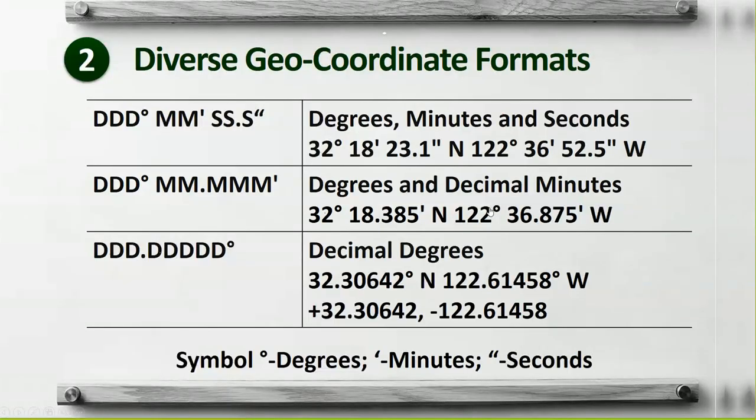All right. Like I was saying the other time, we have diverse geo-coordinate formats. Some of them come in form of degrees, minutes, and seconds. If you look at your screen, you will see the degree sign, the minute sign, and also the second sign.